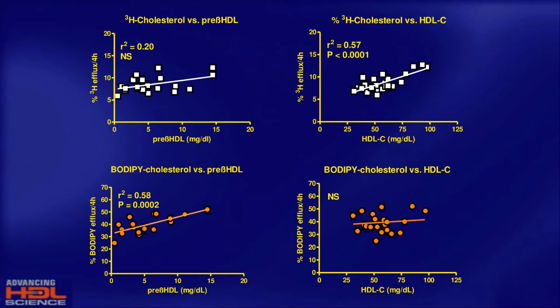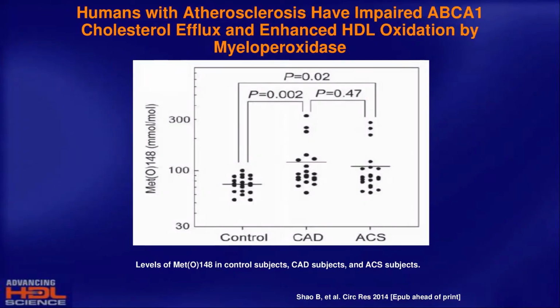And the cholesterol association is less with BODIPY, so more independence, than it is with the tritiated HDL method in this study. Now, there are certain functional alterations in the ApoA1 that can influence efflux, and I'll delve into this more when I talk about dysfunctional HDL.